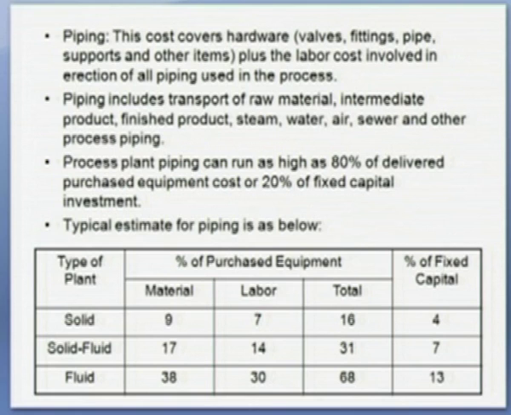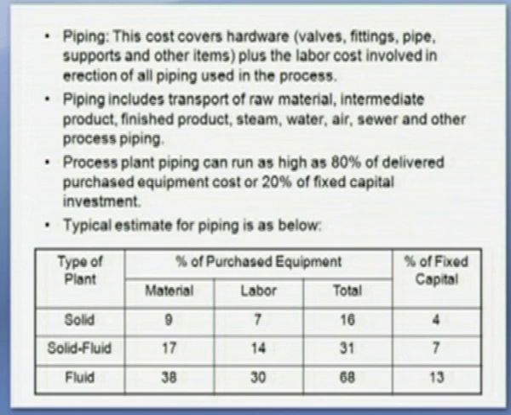If you talk of piping cost as a percentage of fixed capital, then it is 4% of the fixed capital. Then a plant handling solid and fluid material has 17% material and 14% labor, so a total of 31% of the purchased equipment or 7% of the fixed capital.